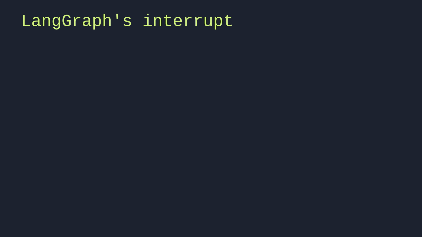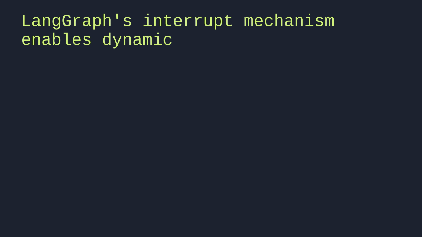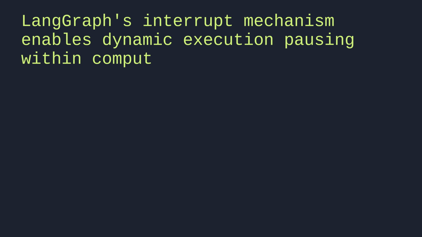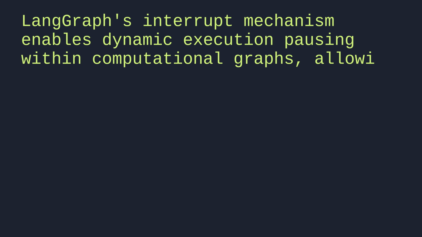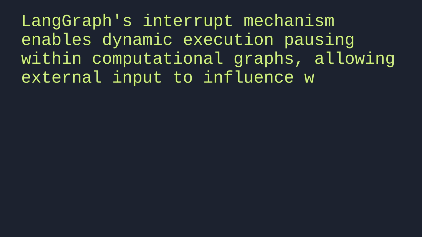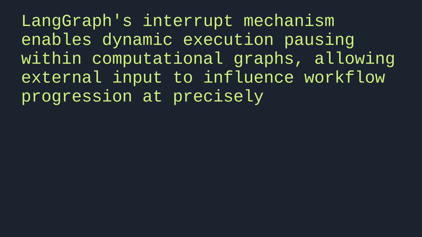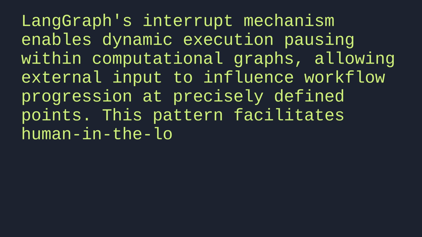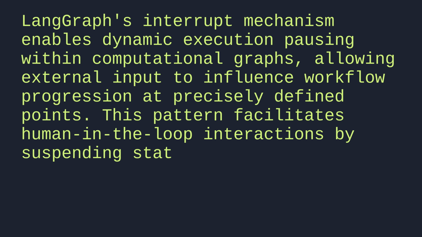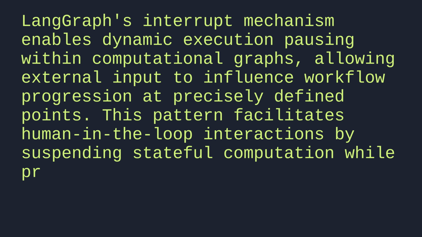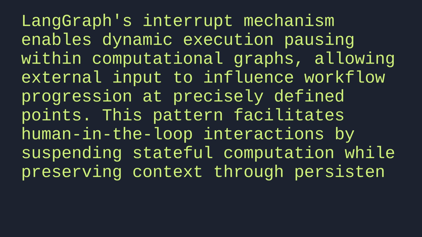LangGraph's interrupt mechanism enables dynamic execution pausing within computational graphs, allowing external input to influence workflow progression at precisely defined points. This pattern facilitates human-in-the-loop interactions by suspending stateful computation while preserving context through persistent checkpointing.